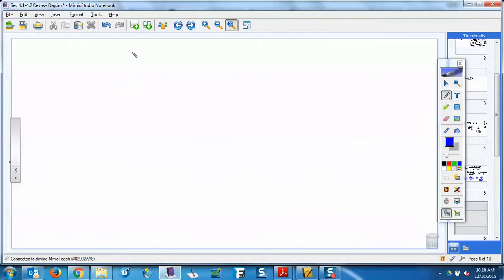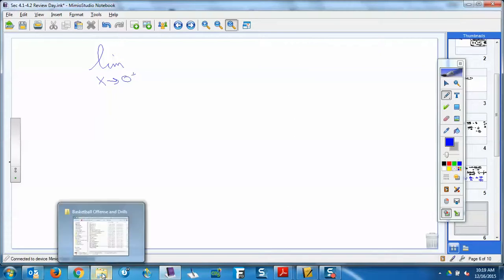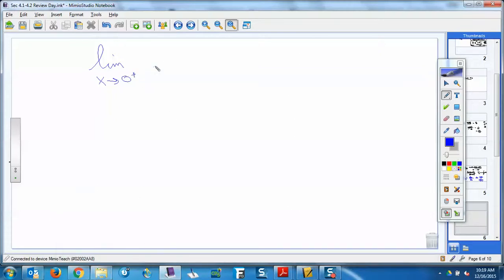We had one yesterday that was ln x, I think it was, as x approaches 0 from the right. I think it was ln x on top and x to the 2/3 on the bottom.